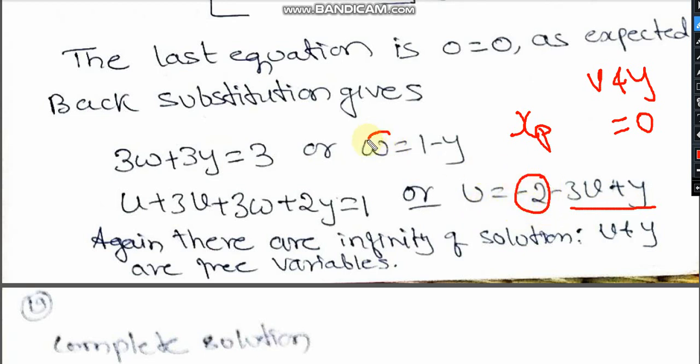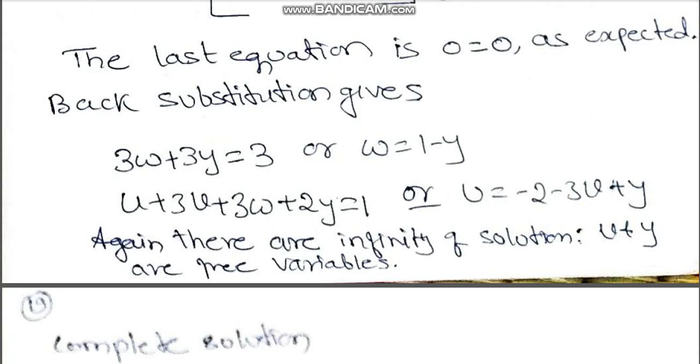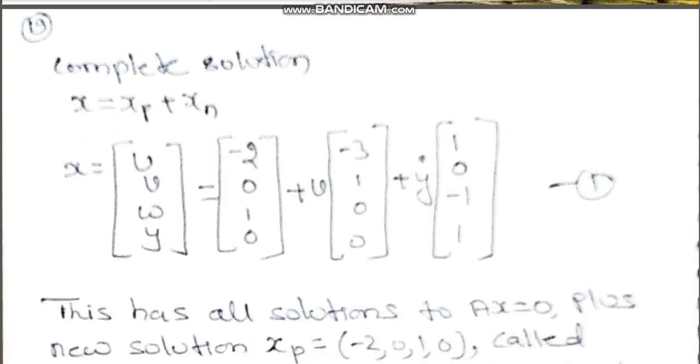And what will be the value of w? It will be equal to 1. And you have already substituted v and y, the free variables, equal to 0. So u is minus 2, v is 0, w is 1 and y is 0. You can see the solution xp: minus 2, 0, 1 and 0.